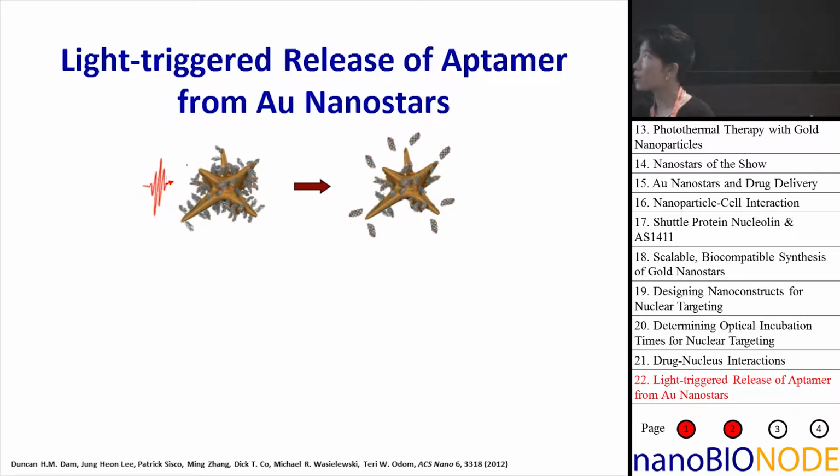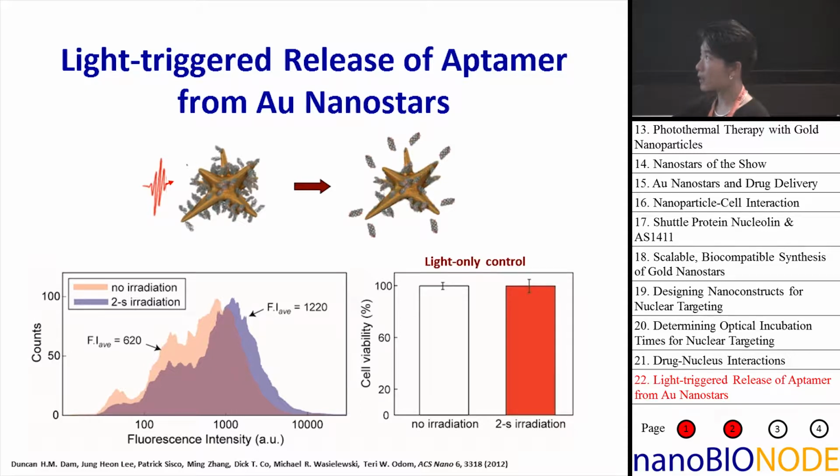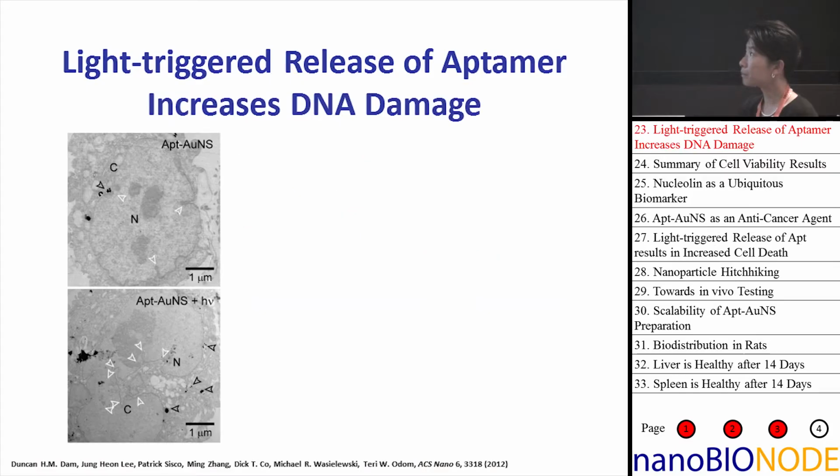The reason for this is the way the mechanism works. The light is going to be concentrated in these nanoscale tips, and so it's really only in the region of these nanoscale tips where you're going to get release. We did flow cytometry to show that you indeed get release of the drug inside cells. And then you can do the controls that say the light doesn't affect the cell health.